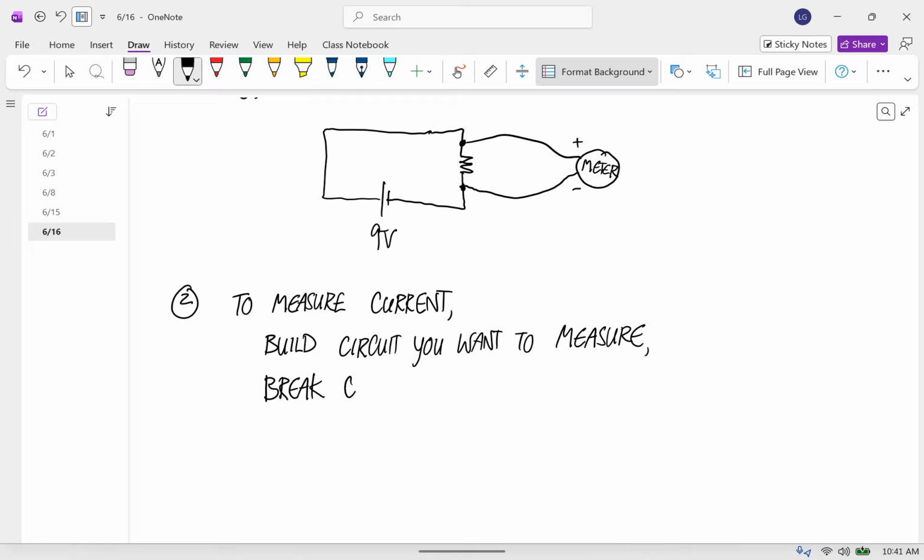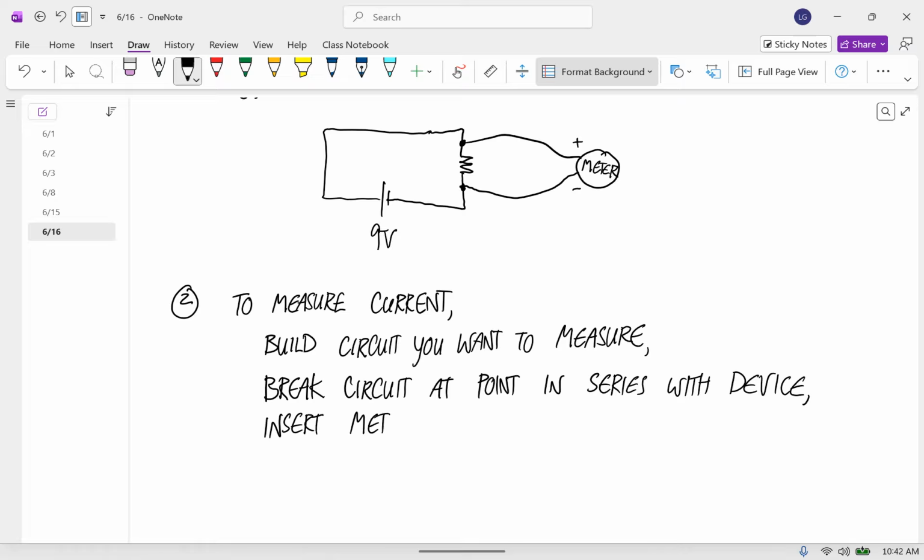So break the circuit at a point that's in series with the device you want to measure, and insert the meter into that break.